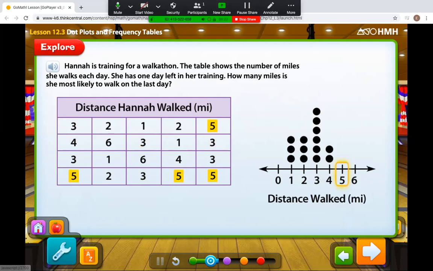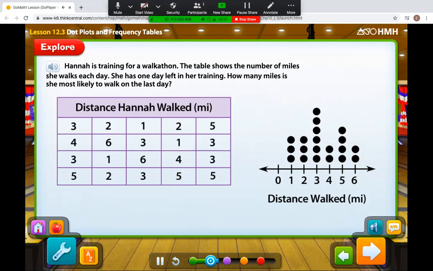So I need to plot 4 dots. Since Hannah walked 5 miles 4 times, there are 4 dots above the mark for 5 miles. Now let's plot the data for 6 miles. And finally, we have number 6 repeated 2 times. So I need to put 2 dots here. Since Hannah walked 6 miles 2 times, there are 2 dots above the mark for 6 miles.